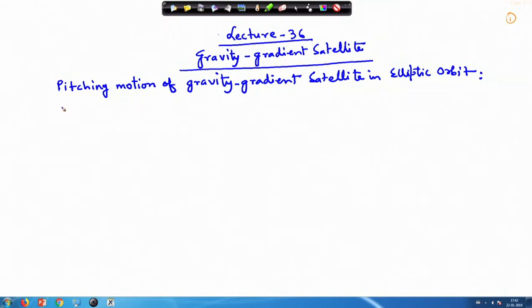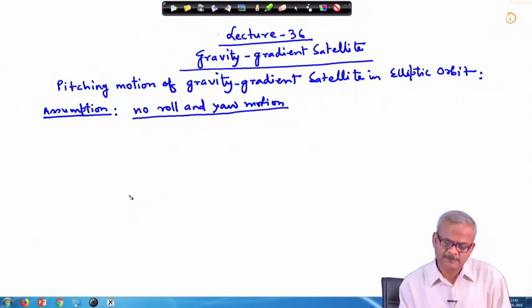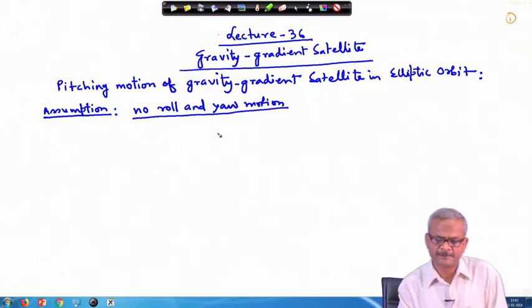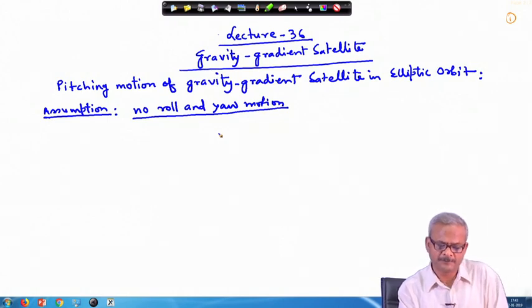So, we assume here no roll and yaw motion. Okay, already we have observed that for the circular orbit, roll and yaw get decoupled from the pitching motion.